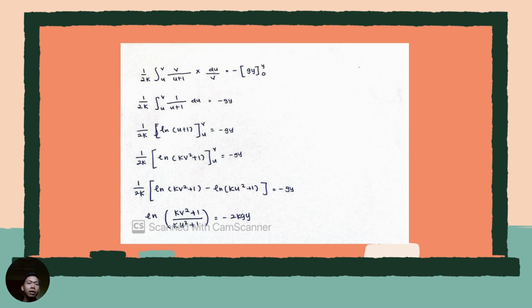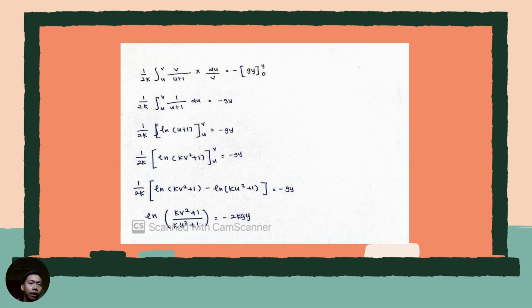So 1 over 2k, we integrate with the limit of v and u, 1 over u plus 1. So we get ln of u plus 1 with the limit of v and u. So don't forget the limit, okay? So next is 1 over 2k, we substitute u with kv squared.